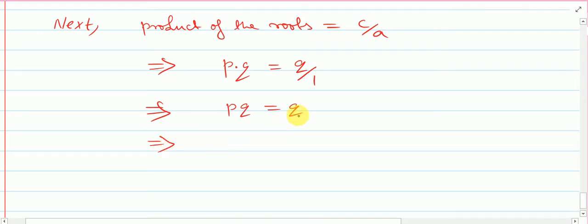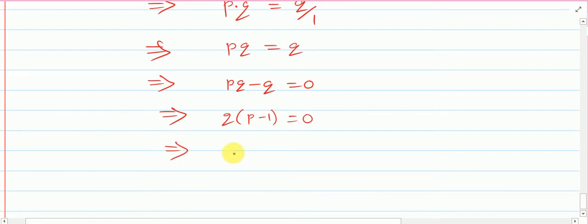Here you can write like this: PQ minus Q is equal to 0. So Q will come out as common, Q into (P minus 1) equal to 0. So this implies either Q is 0 or P minus 1 is 0, which implies P equal to 1.